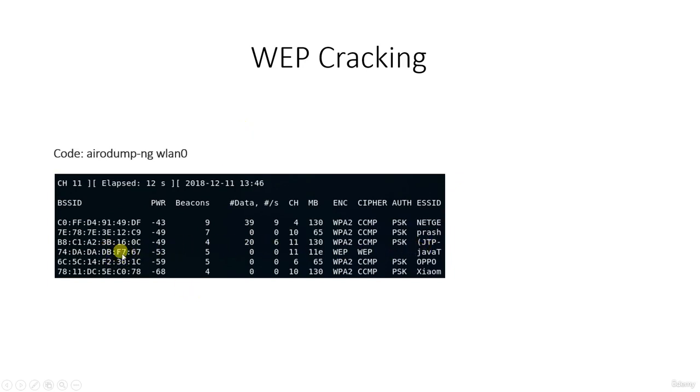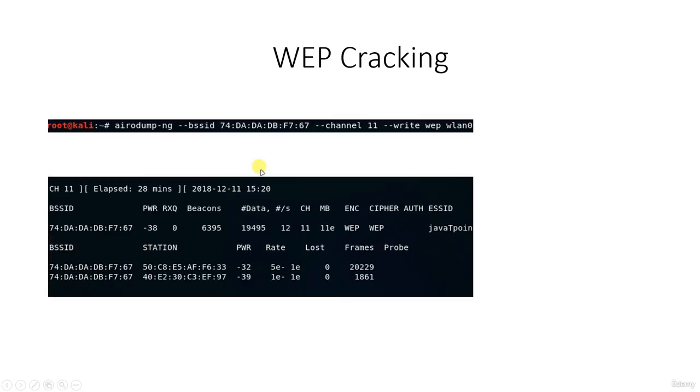We have included the channel number 11, and we added write to store all the packets that we capture into a file, which is named wep. After running the command, the following output will be like this.